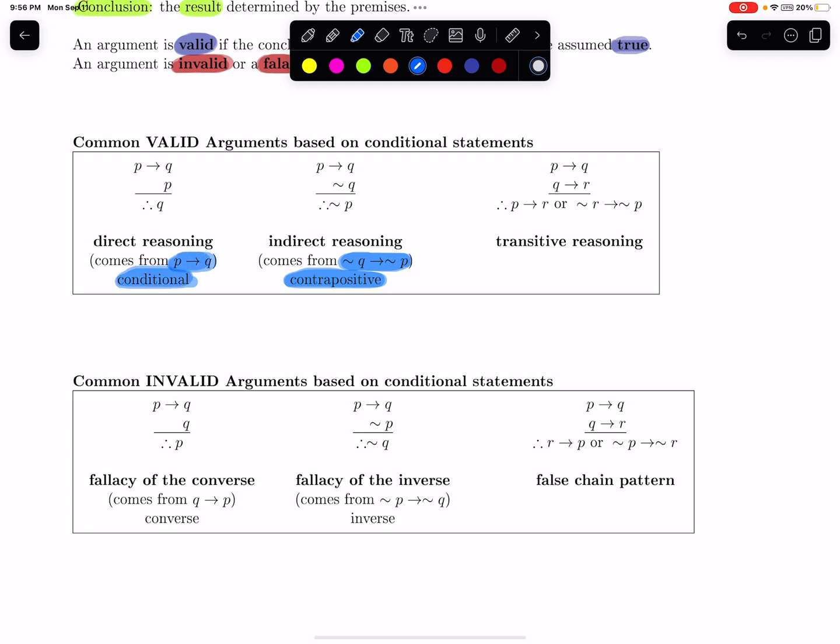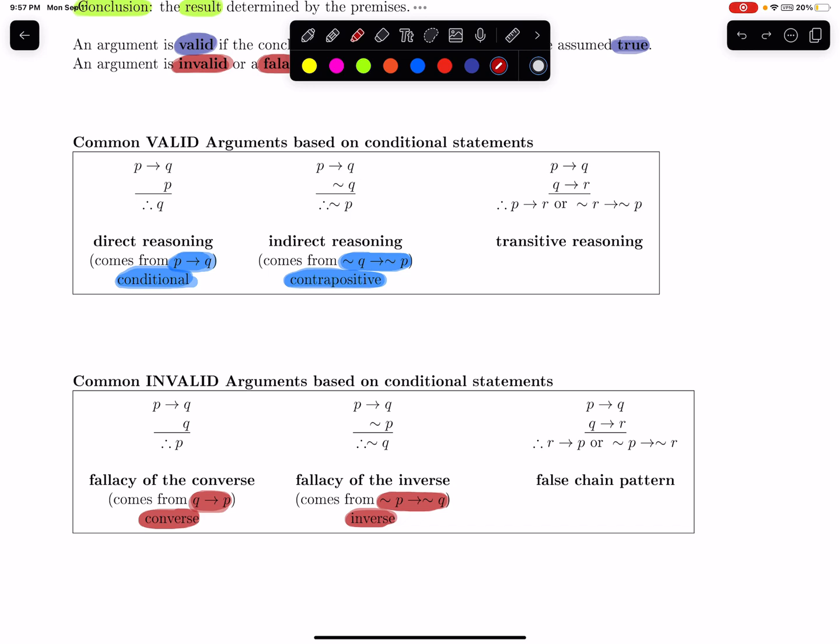The ones that were not equivalent to the original conditional statement were the converse, when you reverse the order of the left and right, and the inverse, when we just negated each side. What was logically equivalent was doing both: reversing the order and negating each side.